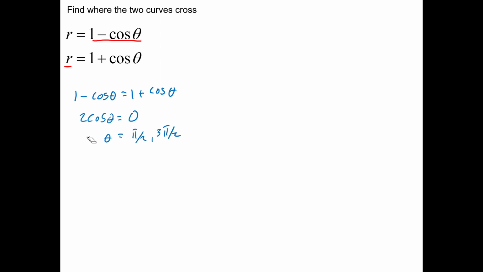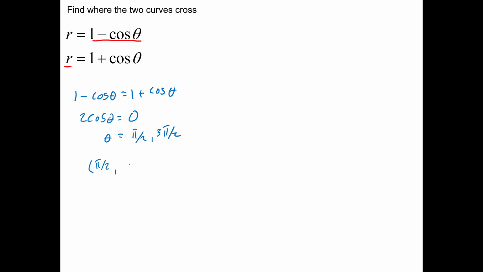And then the polar coordinates for the points that we get from this: we have theta, we need to figure out the r value. Theta is how we write our polar coordinates, and when you put in pi over 2 or 3 pi over 2, you get an r value of 1.